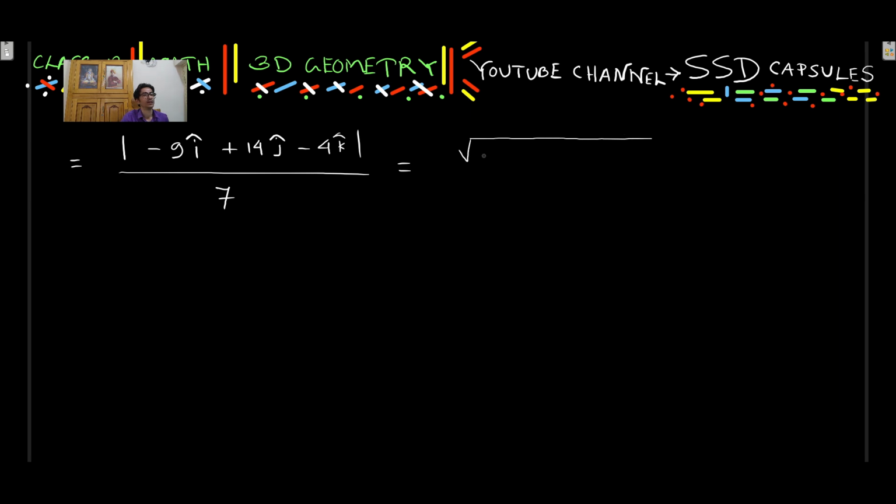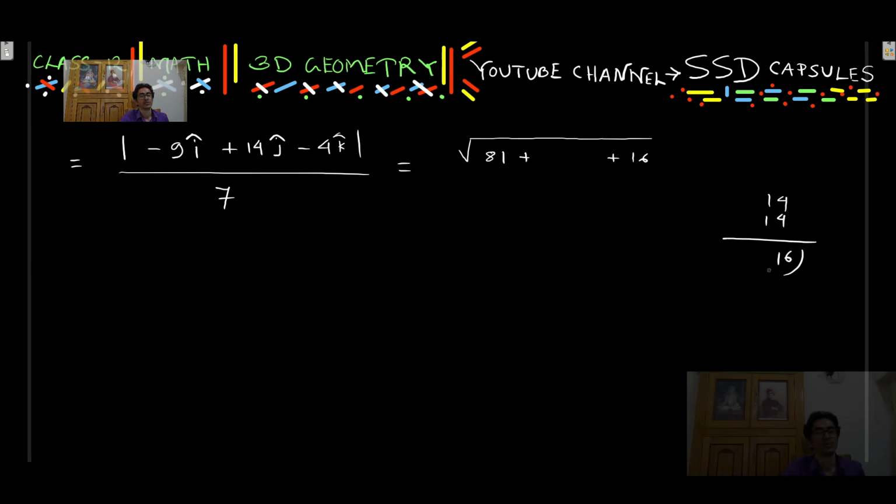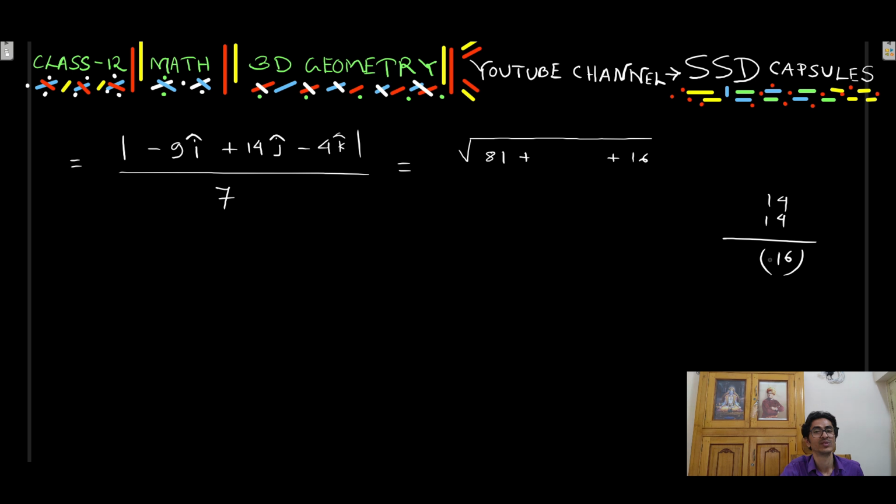Now what is the magnitude of this vector? Square root of 9 square 81, 14 square, 14 into 14, is 196. We are using the short trick of multiplication here.